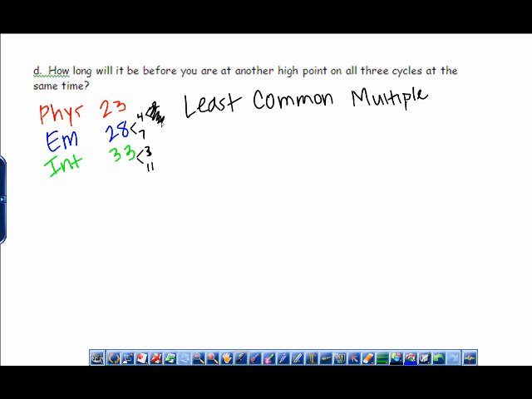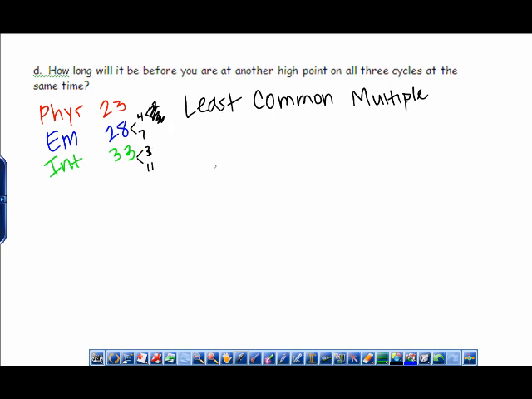You're thinking right now, how do I find, by hand, the least common multiple of these numbers? Right, they don't share any factor, so hopefully you came up with just multiply them together.